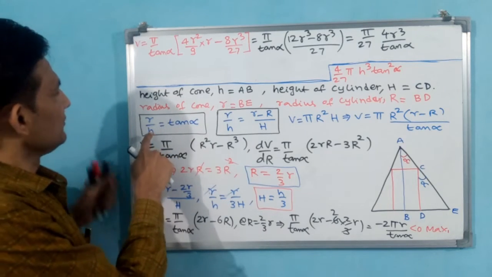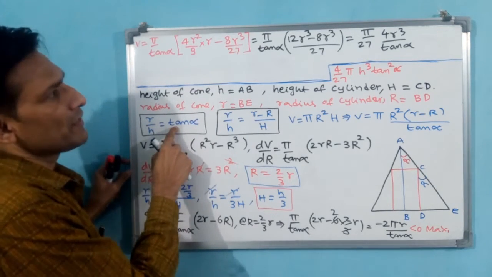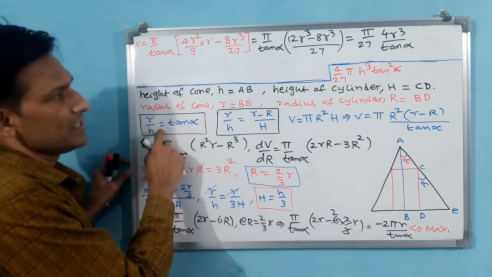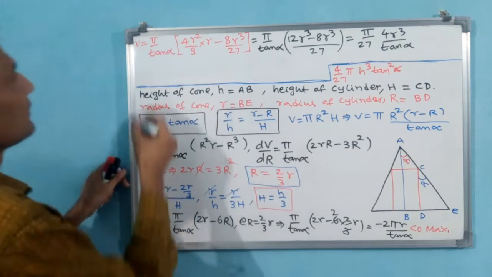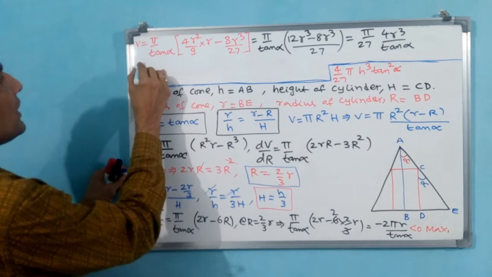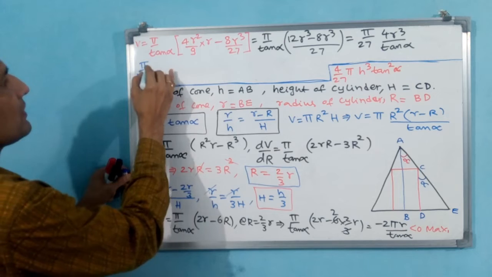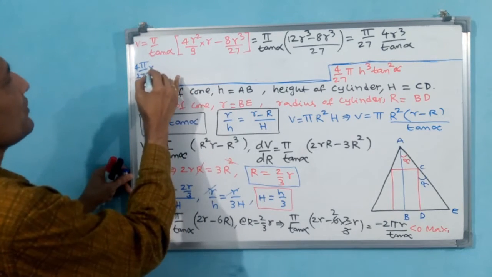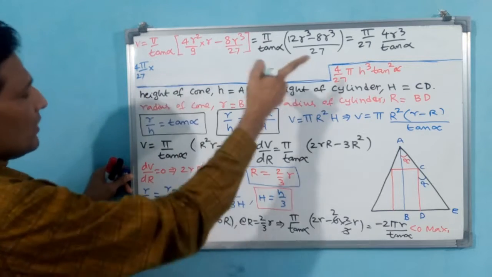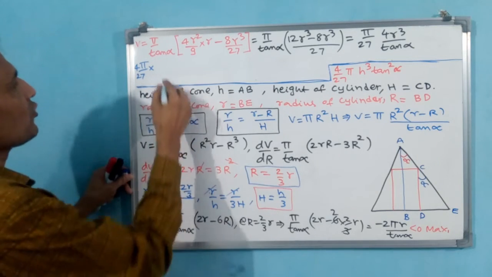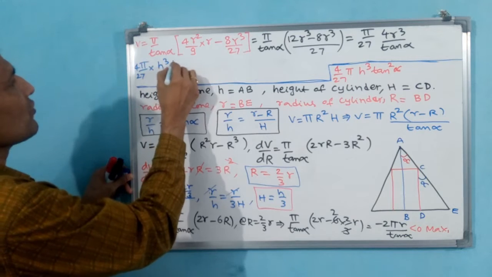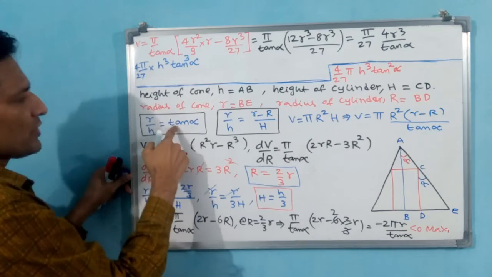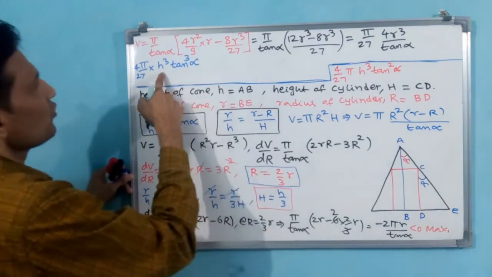You see here, r is equal to h tan alpha, you substitute. R is equal to h tan alpha. Okay, with this result, write down. 4 pi by 27 I have taken, into r cube. R cube means h cube tan cube alpha. R is equal to h tan alpha, so r cube means h cube tan cube alpha.